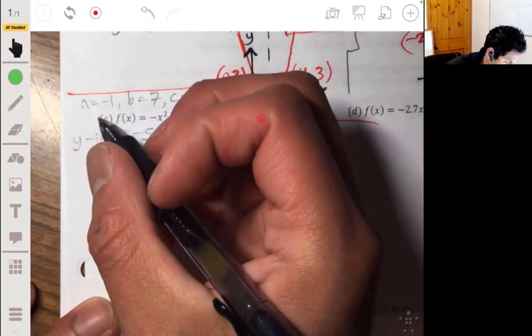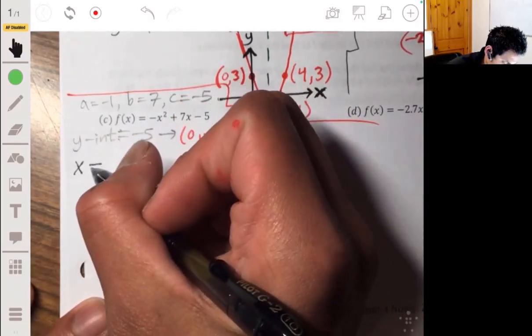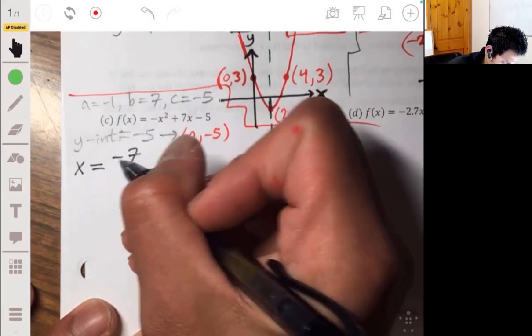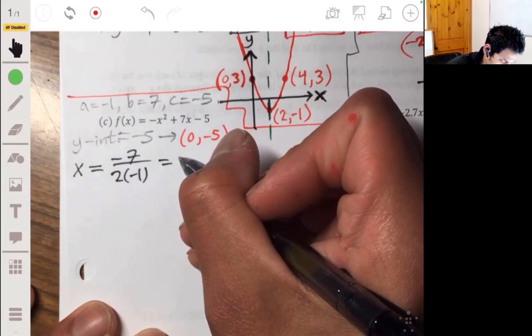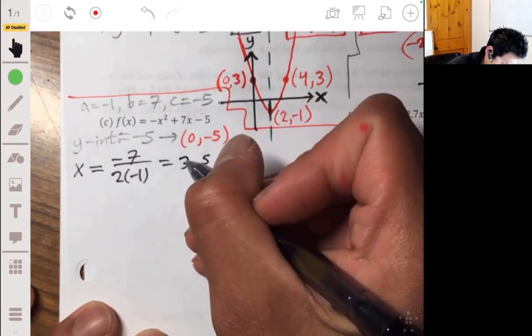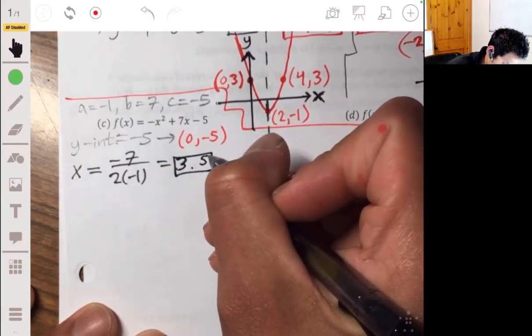Now the vertex, let's start with x. X will be negative b over 2a, or negative 7 over 2 times negative 1, or negative 7 over negative 2, which will be 3.5 for x.